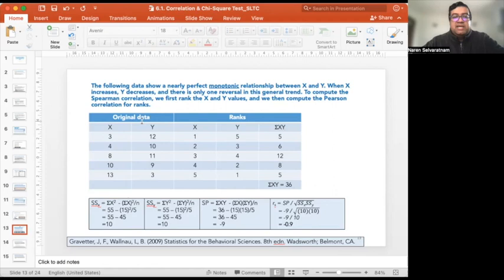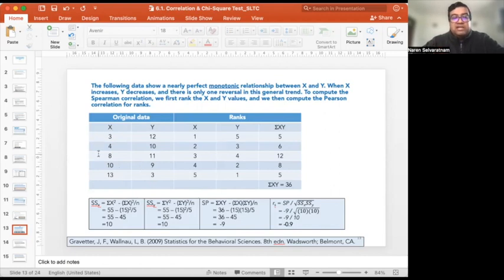So you have your x data and your y data. 3, 4, 8, 10, 13 is your x variable, and your y variable is 12, 10, 11, 9, 3. Just by looking at this, we know this is a negative correlation, because when the x variable is at its lowest, y is at its highest, and then x goes up while y seems to go down.